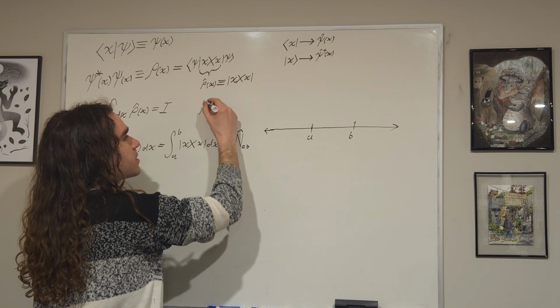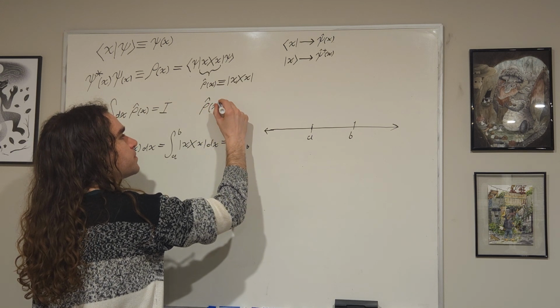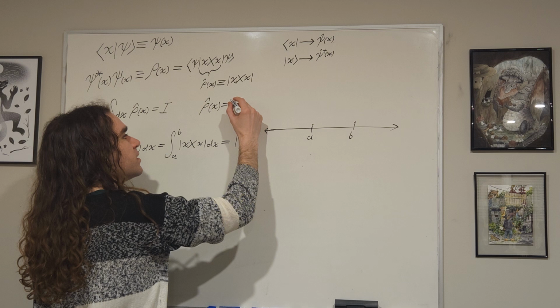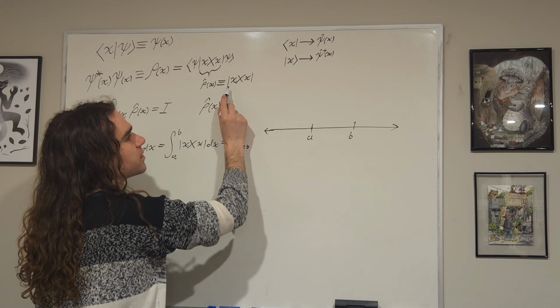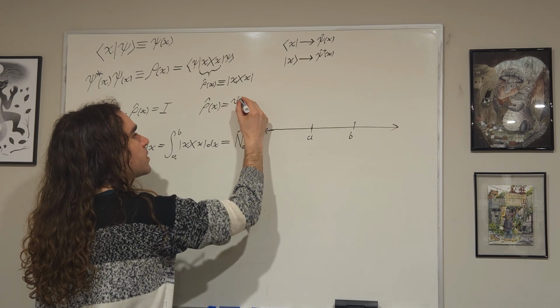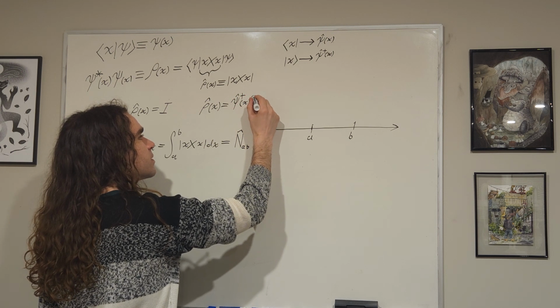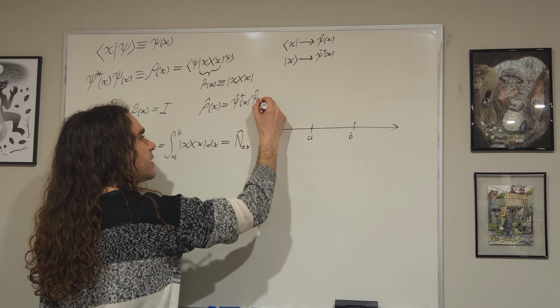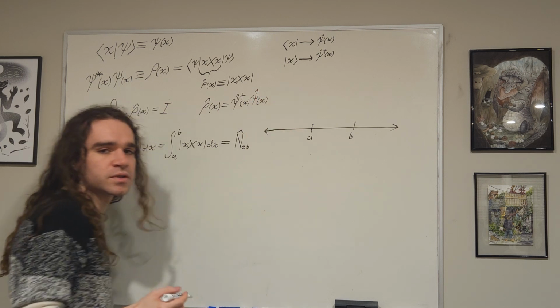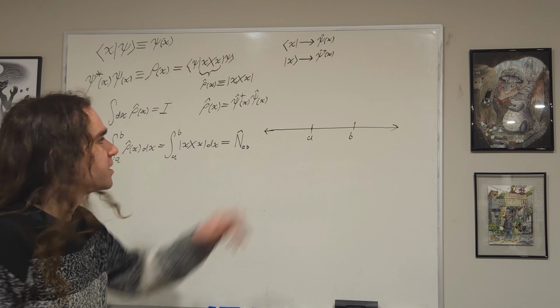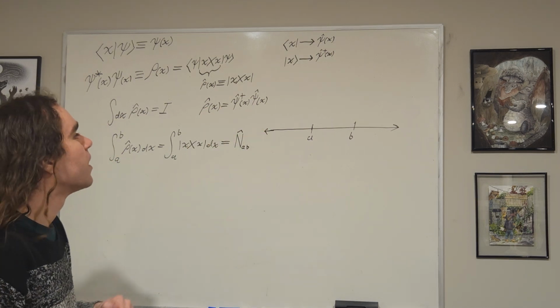So rho hat of x in second quantization is, let's follow my recipe, replace, okay. It's create x, annihilate x. Of course, in order of operation, it's actually annihilate x and then create x.